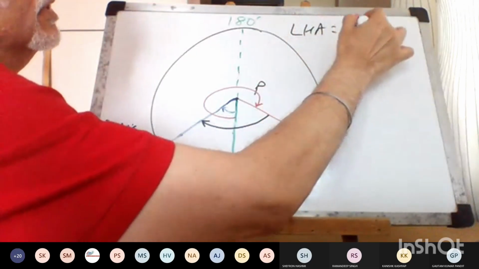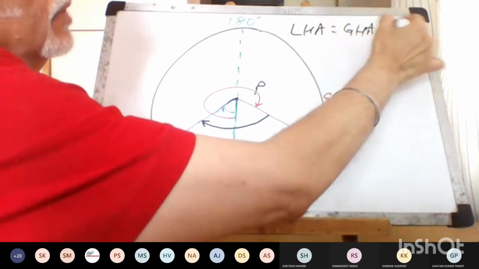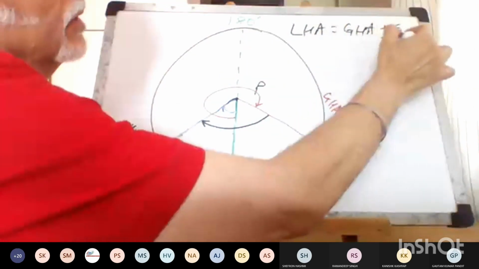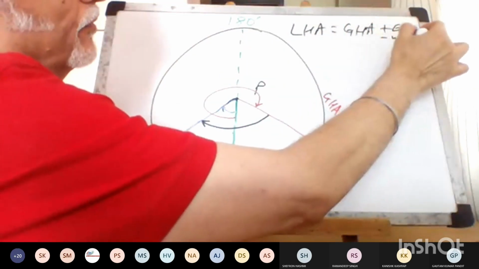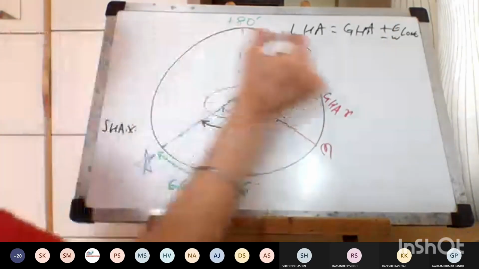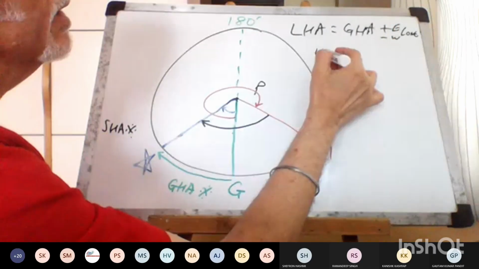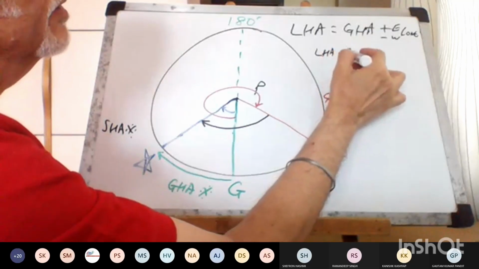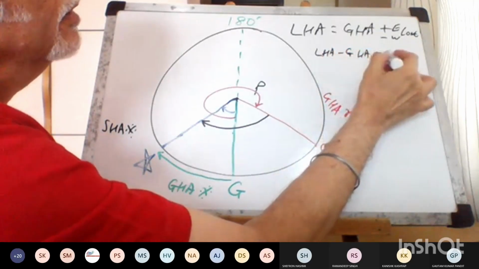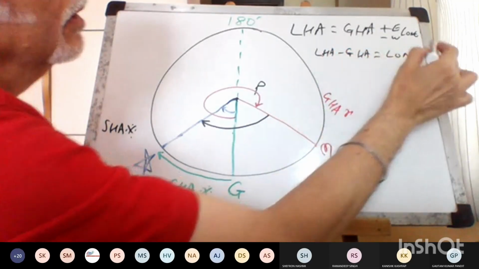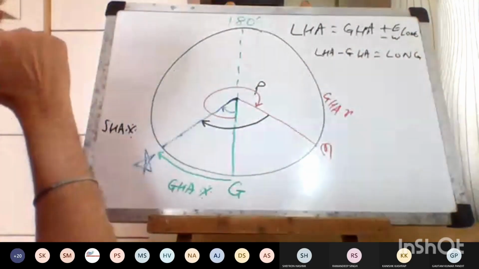LHA is equal to GHA plus east or minus west longitude. So I can safely say that LHA minus GHA is equal to longitude. East or west we will see later on.